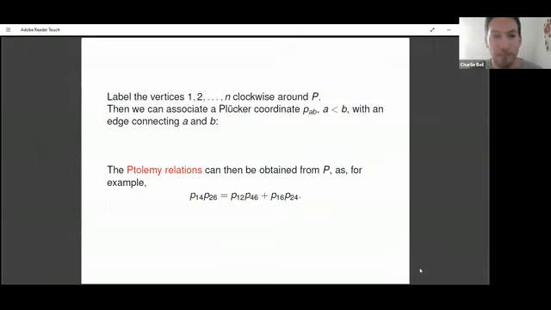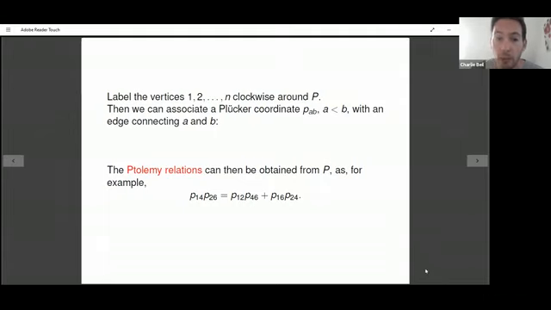So for any diagonal in this polygon, you can have a P sub AB. Say it goes from vertex 2 to vertex 5: you draw this diagonal, then we would put this P sub AB sitting on that diagonal edge.